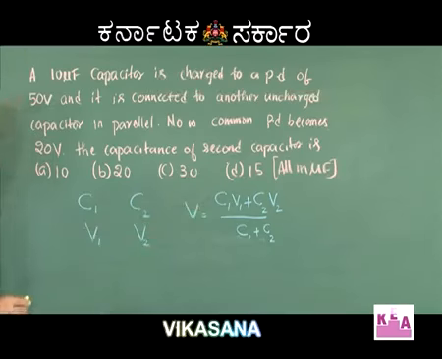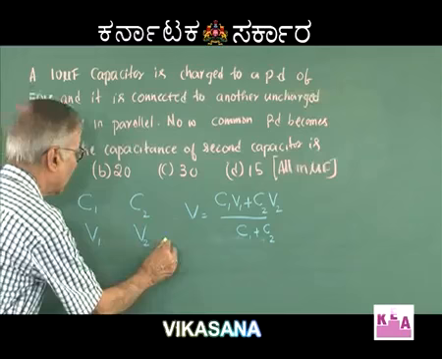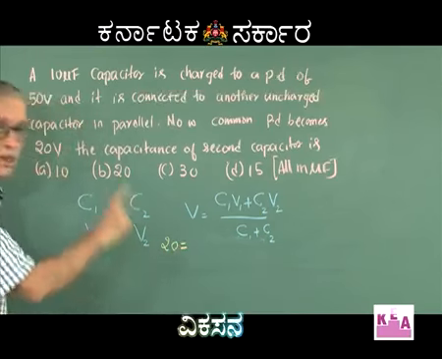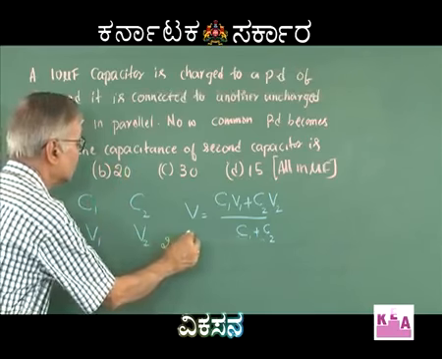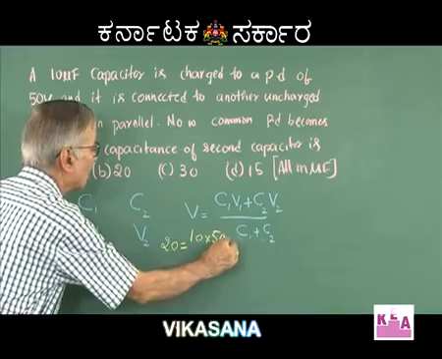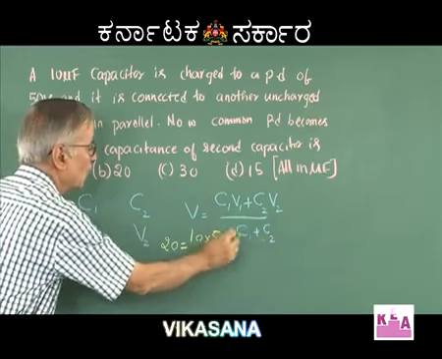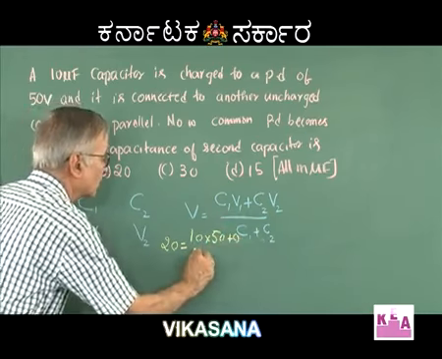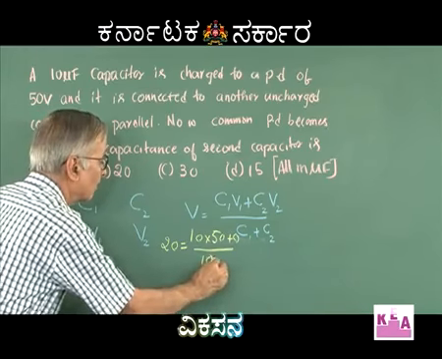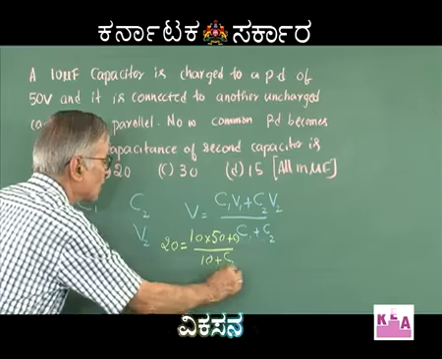Hence, substituting the values, V is equal to 20. This is equal to C1 V1, C1 is 10, V1 is 50, plus, since V2 is 0, the second term is 0, divided by C1 which is 10 plus C2, whose value I do not know.